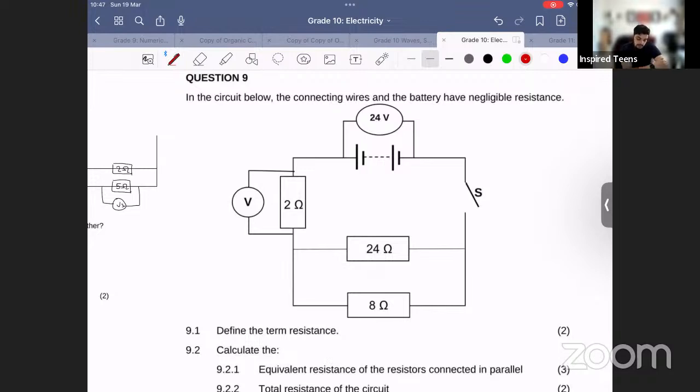So in the circuit, the connecting wires, okay, cool. Again, we have a very common type of circuit here. Tell me what's connected in series, what's connected in parallel.